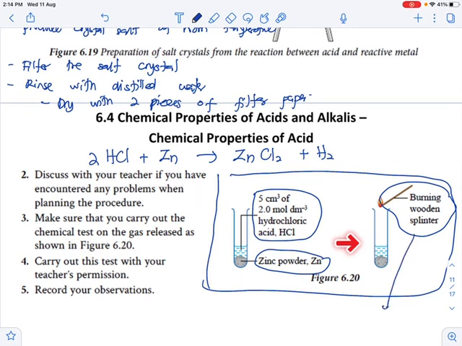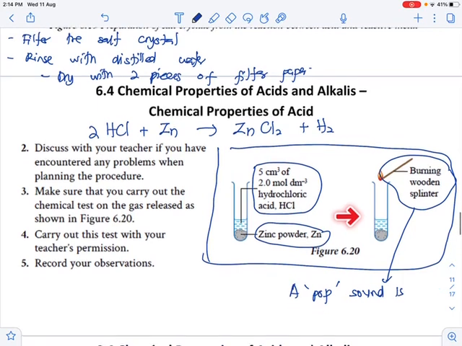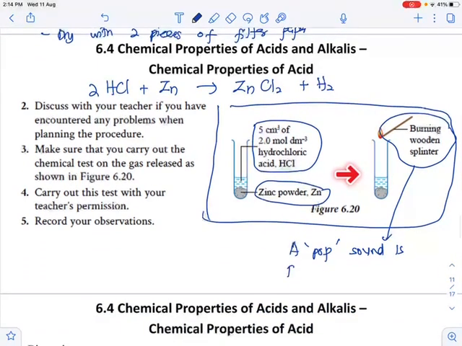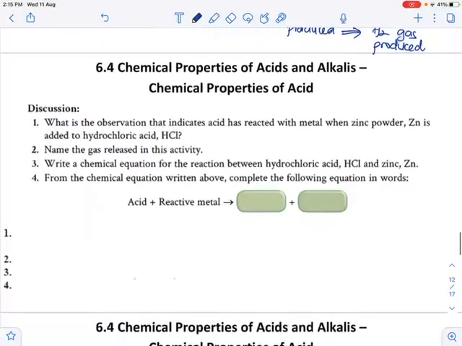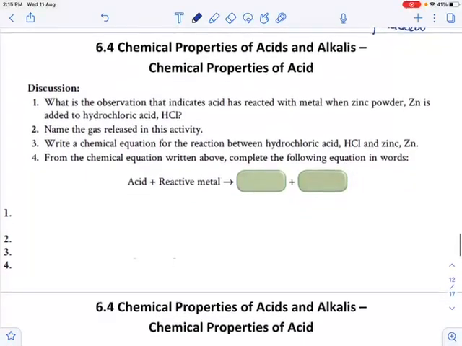So what happened is a pop sound is produced. A pop sound is produced because the gas produced is hydrogen gas.